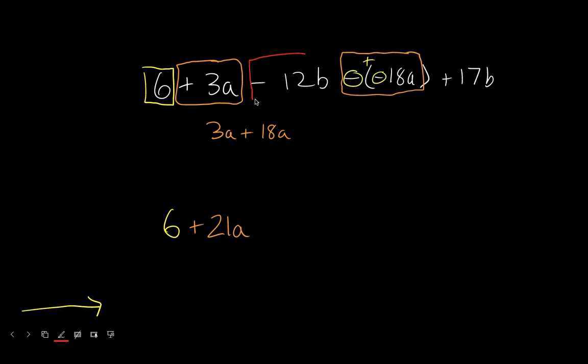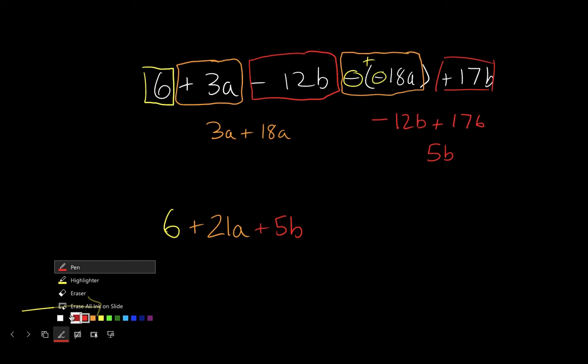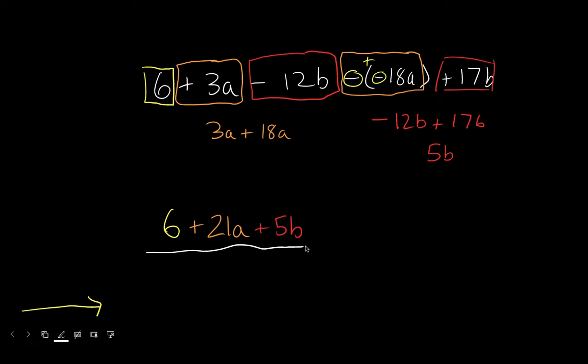We have this negative 12b, and then we have the 17b. So negative 12b plus 17b is positive 5b, because negative 12 plus 17 is 5. So our final answer here is going to be 6 plus 21a plus 5b.